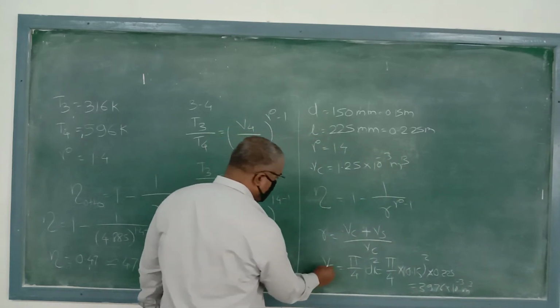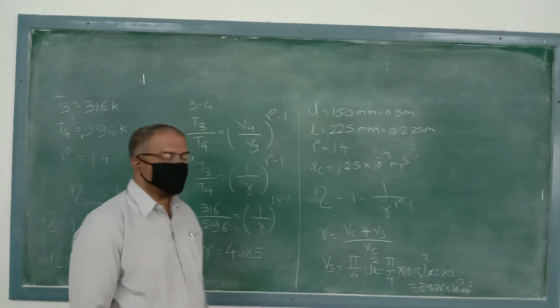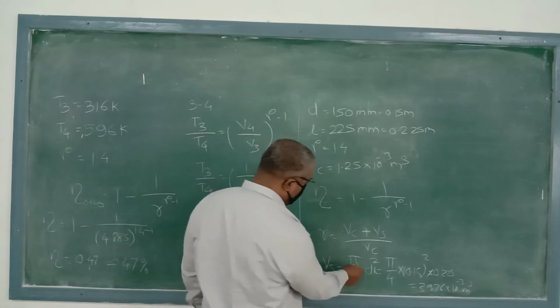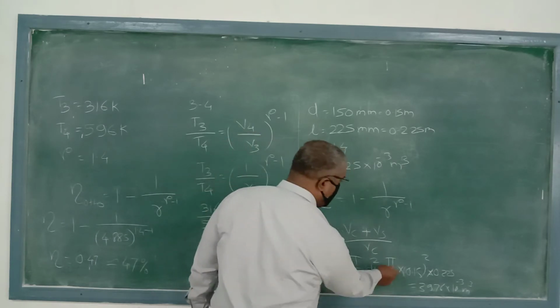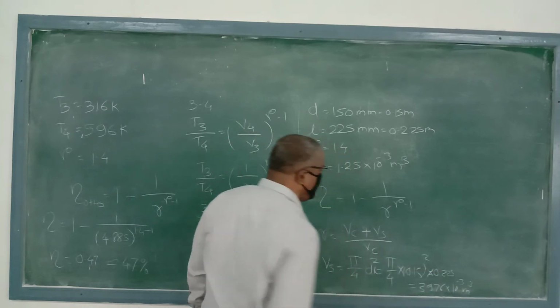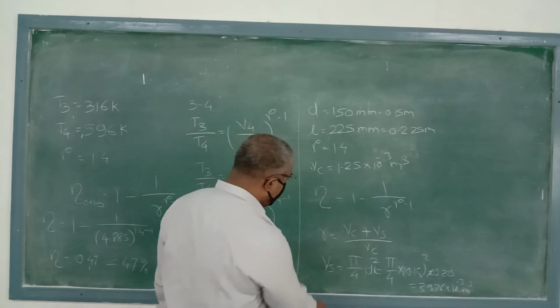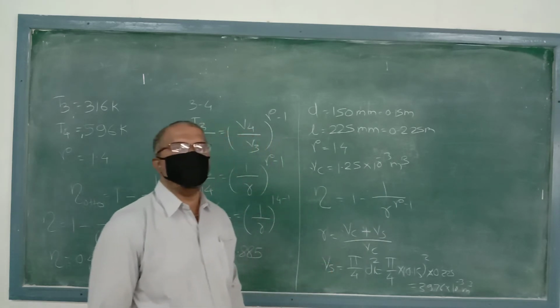We have to calculate the stroke volume with the formula pi by 4 d square into L. So we have substituted the values of diameter and length, and we get the value of stroke volume.